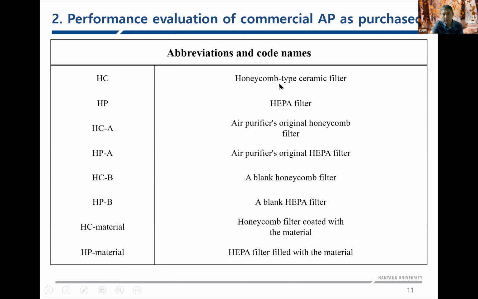HC as honeycomb type ceramic filter, HP as a HEPA filter, HCA as a honeycomb filter as purchased, HPA as a HEPA filter as purchased by the manufacturer. Acronym with the dash B implies the blank, non-treated filter for honeycomb and HEPA filter.